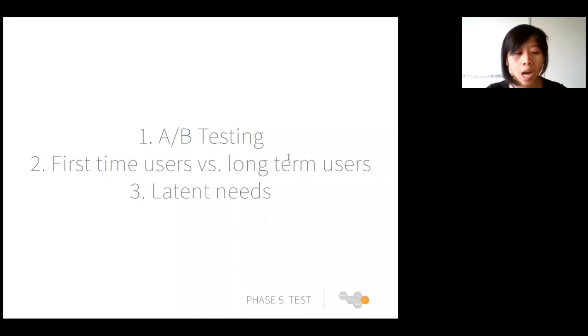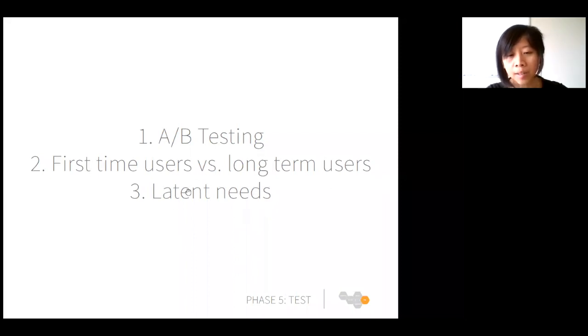Long-term users are somewhat used to your navigation or your product or service, and even if your product or service is confusing, they're used to it enough to tolerate it, but they may be able to point out additional things that first-time users may not be able to point out for you. So when you're doing testing and you're looking at how much you should test, what that duration should look like, keep in mind both types of users when you do your testing.